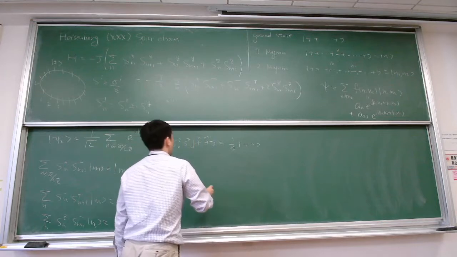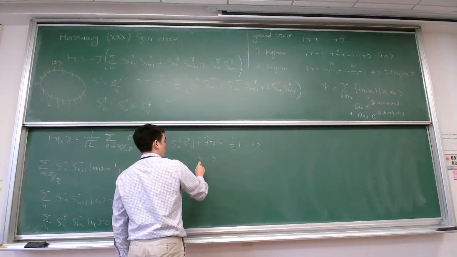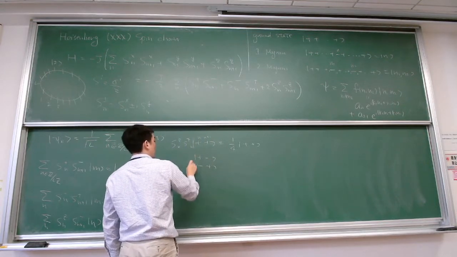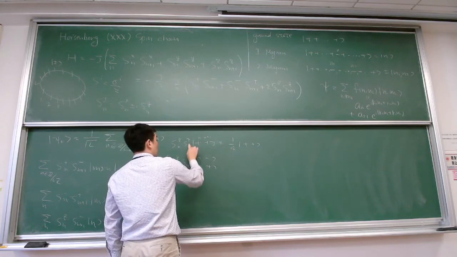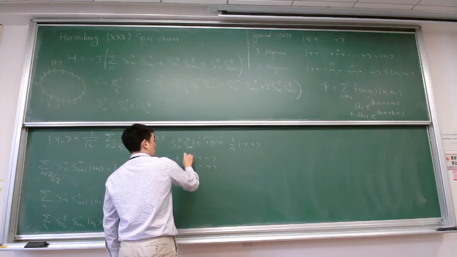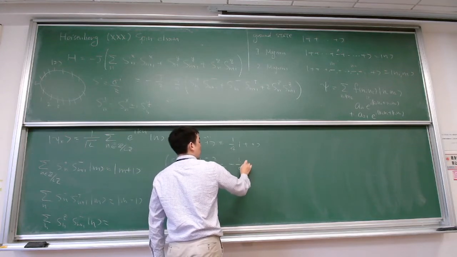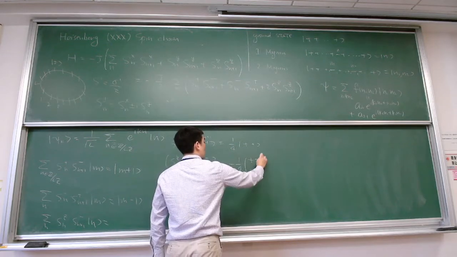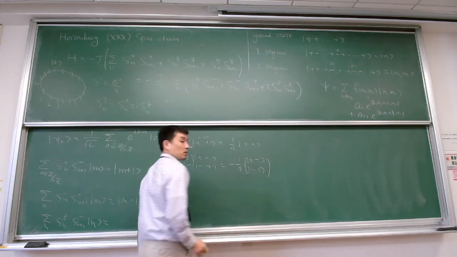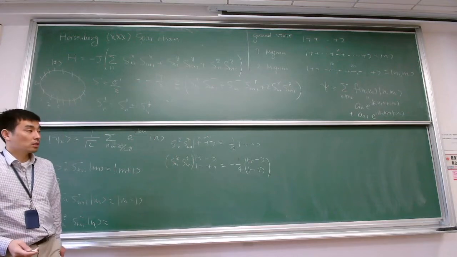On the other hand, if you have plus minus or minus plus acting on this Sn z, Sn plus 1, sorry, n plus 1, z, you get the minus quarter, whichever: plus minus plus. That's what you get.